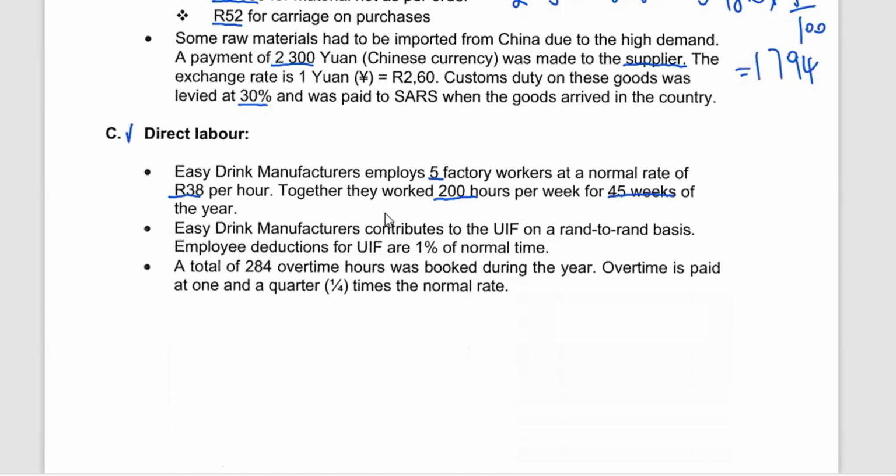Easy Drink Manufacturers contribute to the UIF on a rent-to-rent basis. Employee deductions for UIF are 1% of normal rate. A total of 284 overtime hours was booked during the year. Overtime is paid at 1.25 times the normal rate.